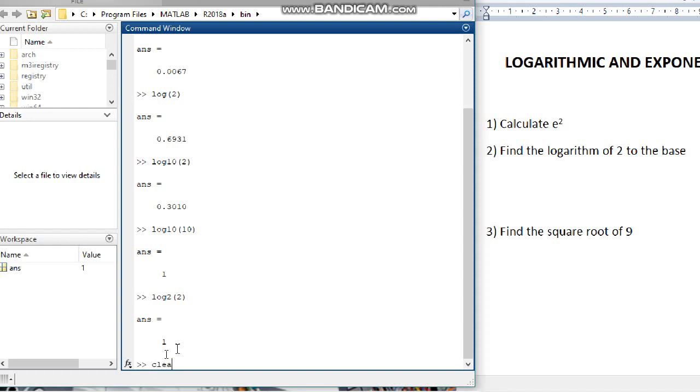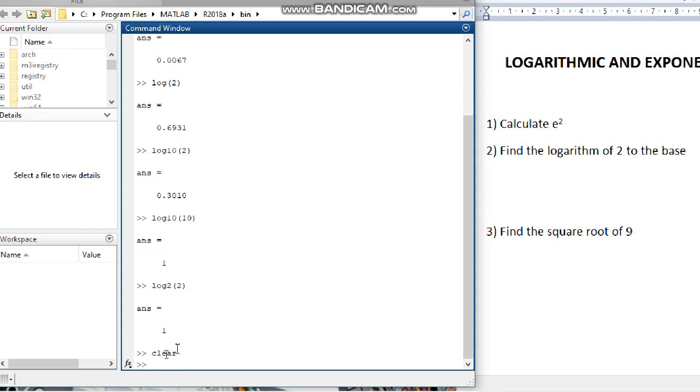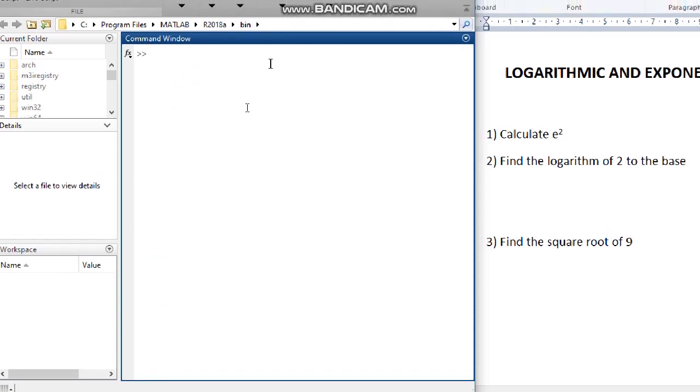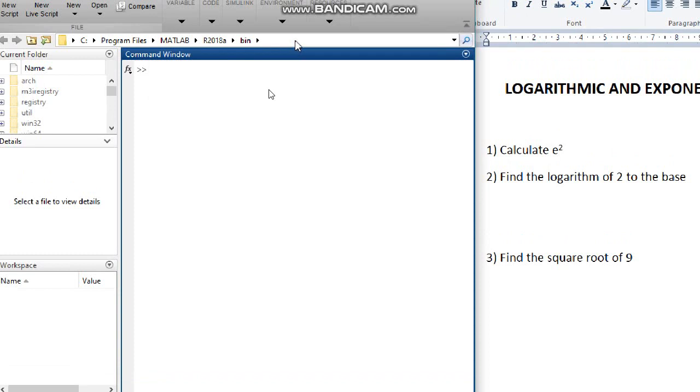So let me clear my command window. So to find the logarithm of 4 to the base 5, I'll use change of base. In this case, I'll change it to the base 10. So I'll find logarithm of 4 to the base 10, which is written as this.